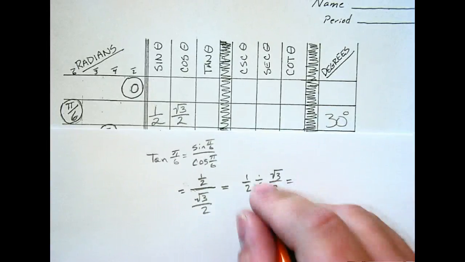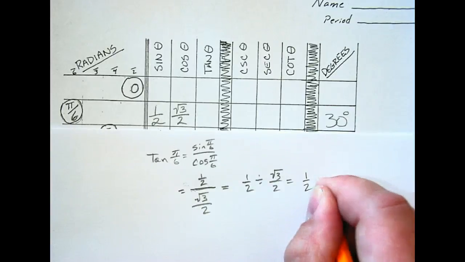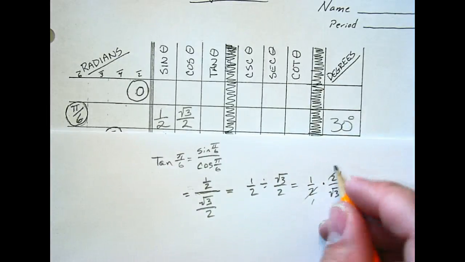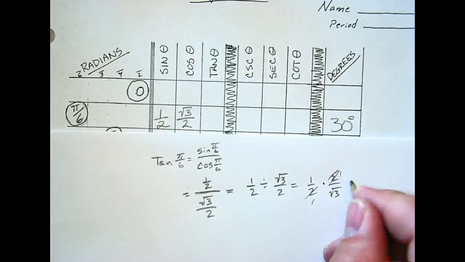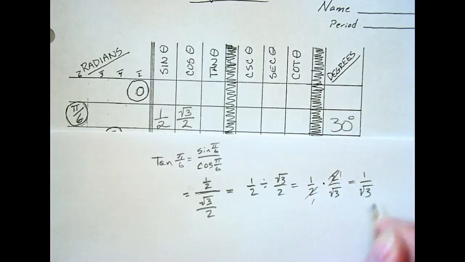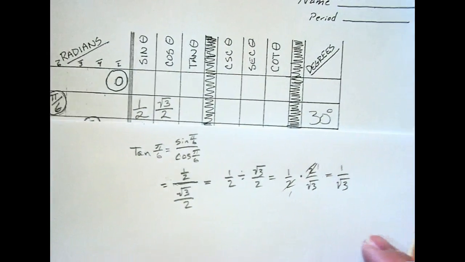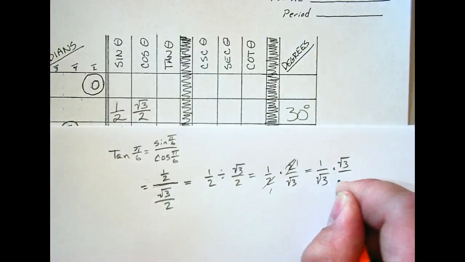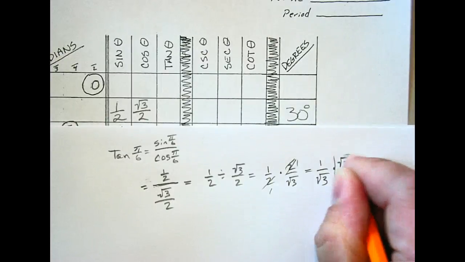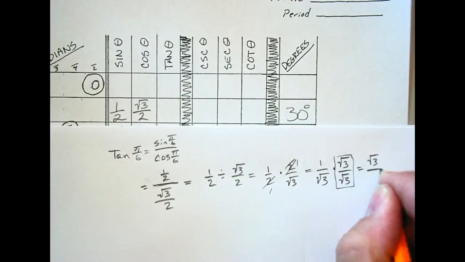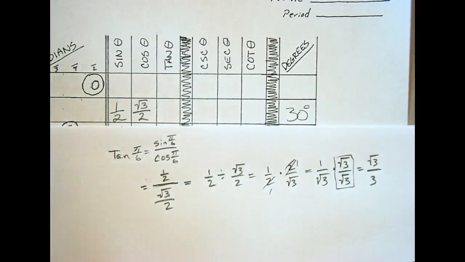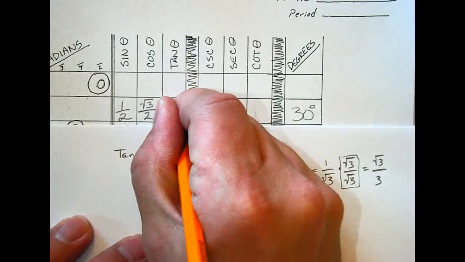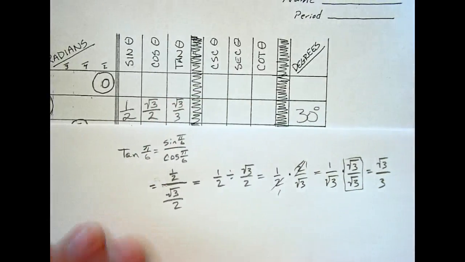We don't divide, we multiply by the reciprocal. We cross cancel, which gives us 1 over root 3. And we've got to now rationalize it. We've got to get that radical out of the denominator, so we multiply by root 3 over root 3, that special number 1, which gives us root 3 over 3. Now can we cancel those 3's? No. One's a root, one is not. So this is root 3 over 3.